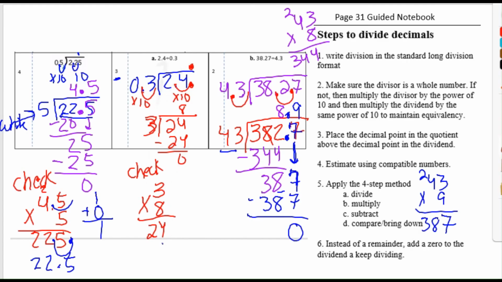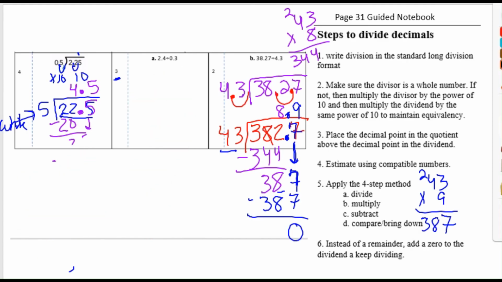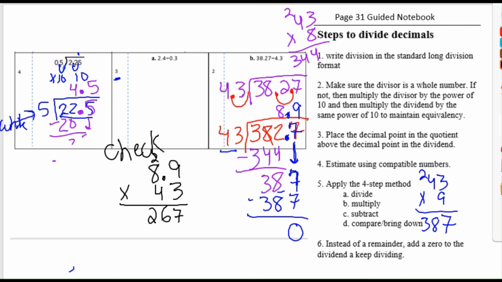So I'm going to go ahead and check my work. To check, I'm going to write my quotient, which is the answer to a division problem, times my divisor, which is 43. And then I'm going to multiply. 9 times 3 is 27. And then 3 times 8 is 24, plus 2, 26.